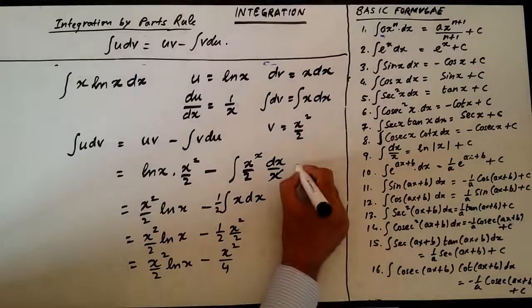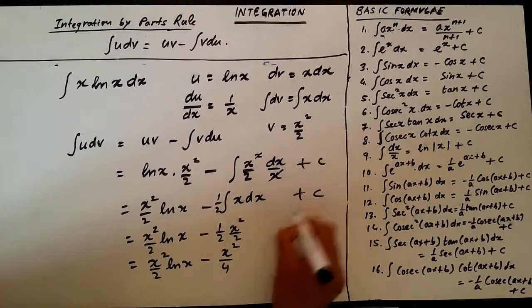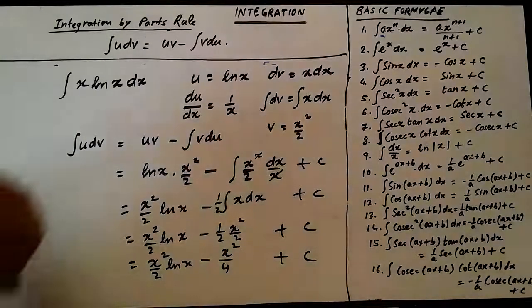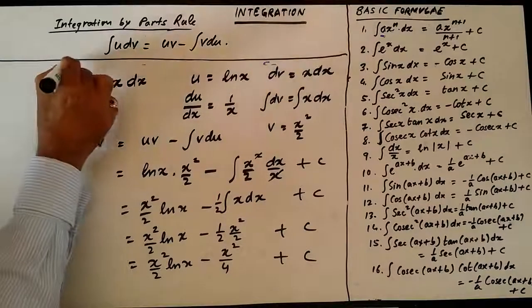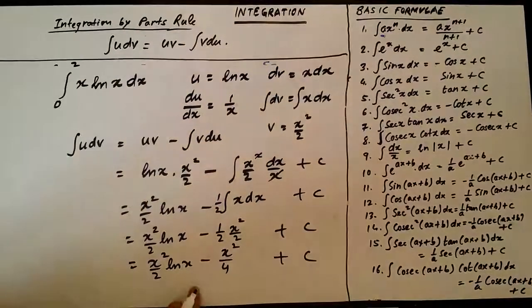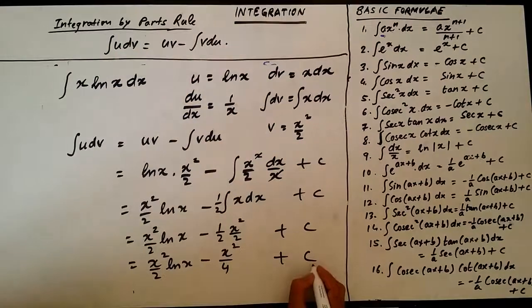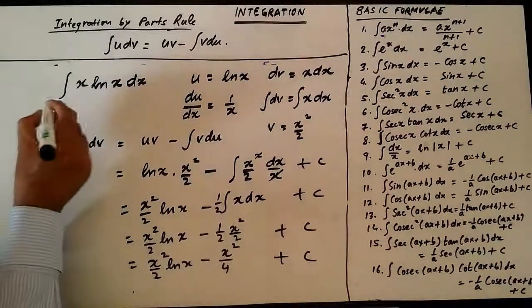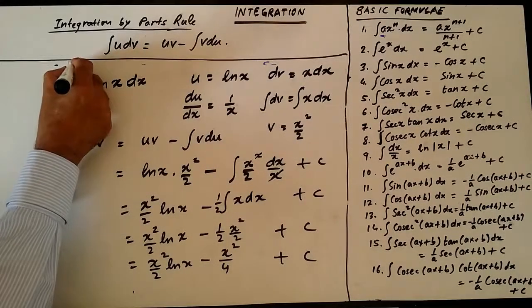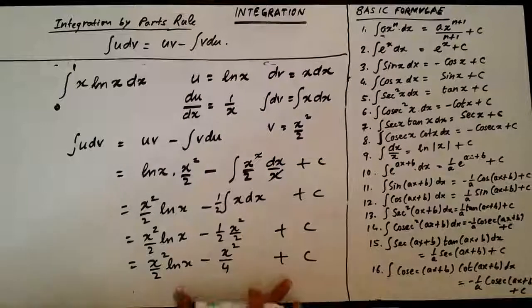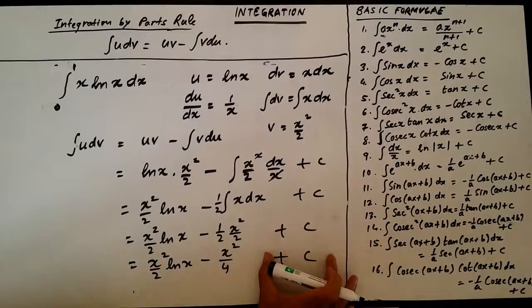And we always add the constant of integration because it is an indefinite integration. But if a limit is given, let's say from 0 to 2, then in this expression we just have to put two brackets, nothing else changes. If it is an indefinite integration, we add plus c. If we have a definite integration, let's say 0 to 1, we just have to evaluate this without the constant of integration.